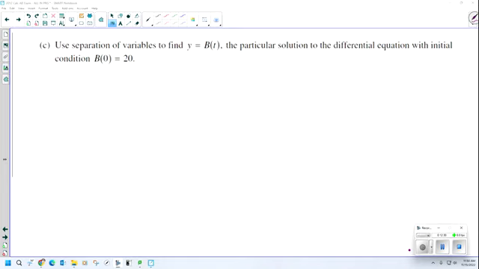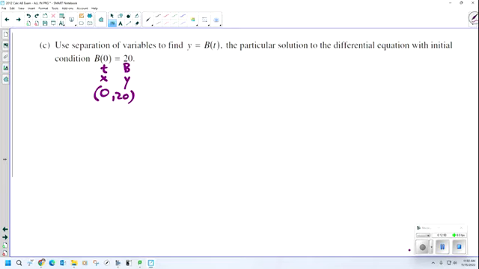So again, this is my t, or my x, if you will. This is my B, or my y, if you will. So that's an actual coordinate, (0, 20). So when I come up with an equation and it has a constant in it, plus C, I'm going to have to figure out what that C value is using that initial condition.